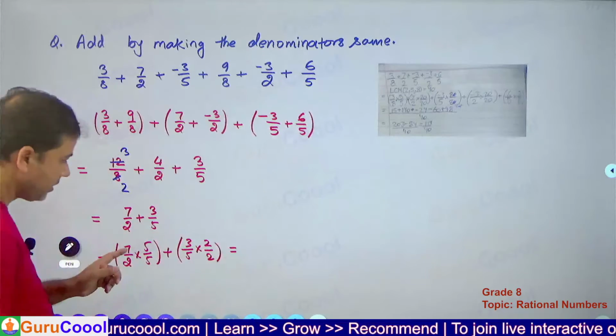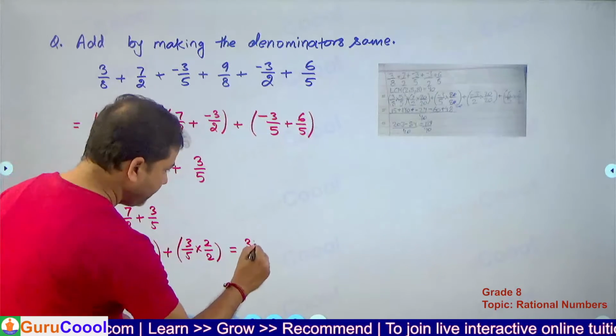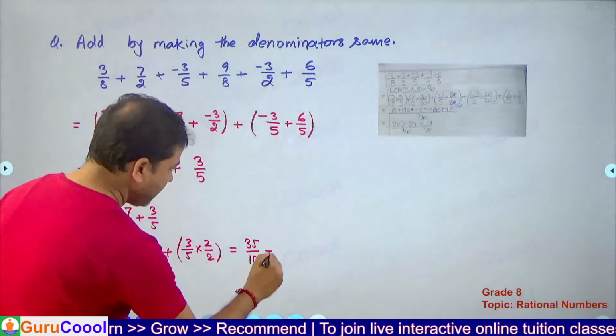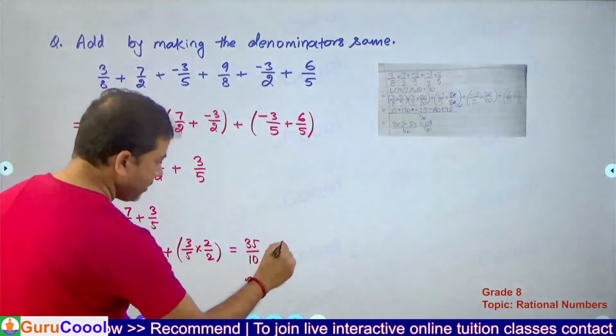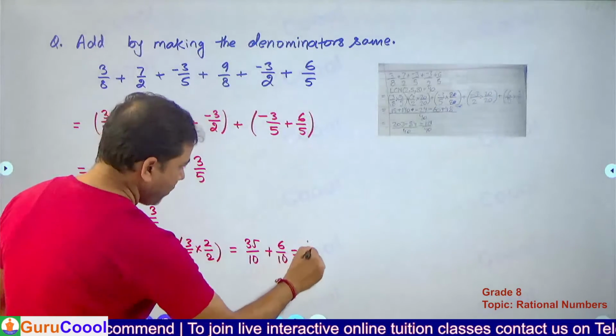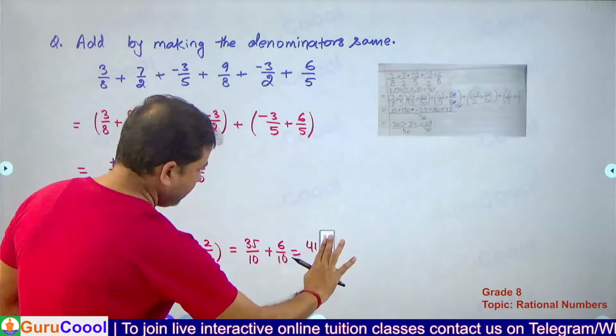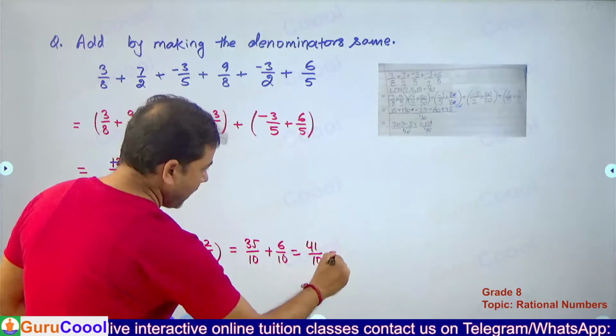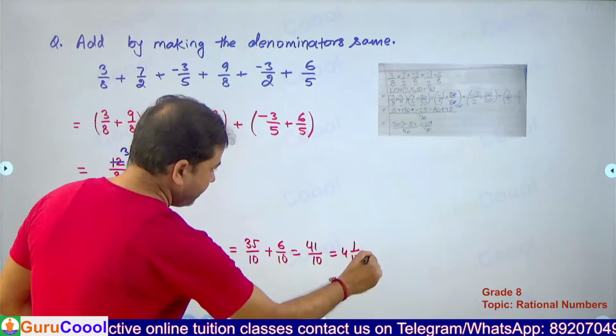The first one is 35 by 10 and the second is 6 by 10. So 41 by 10, that means 4 and 1 by 10.